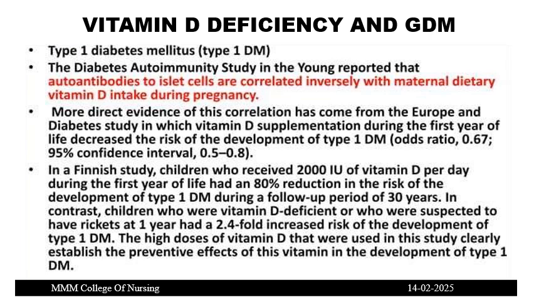It means if autoantibodies to islets are present, maternal dietary vitamin D intake is decreased; if they are not there, it is increased. More direct evidence of this correlation has come from the Europe diabetes study, in which vitamin D supplementation was given during the first year of life.